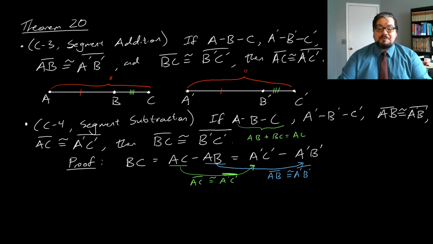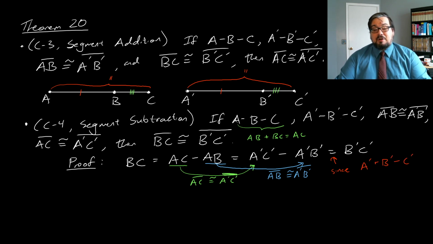So that's gotten us something involving just the prime terms. But now A prime C prime minus A prime B prime is B prime C prime. And this is since B prime is between A prime and C prime.